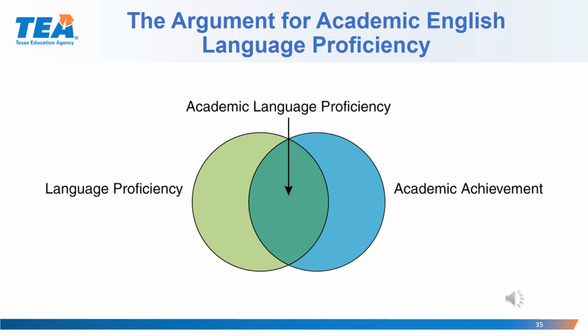Language proficiency encompasses both social language proficiency and academic language proficiency. Social language proficiency includes language of social interactions, language acquisition often outside of school, tied to everyday life, and is grounded in language proficiency standards.